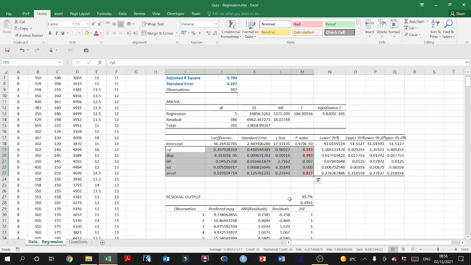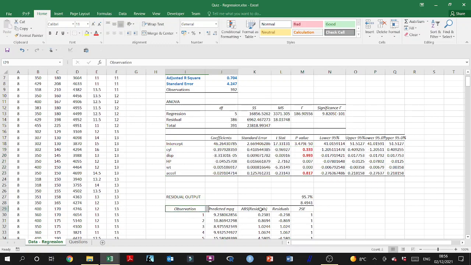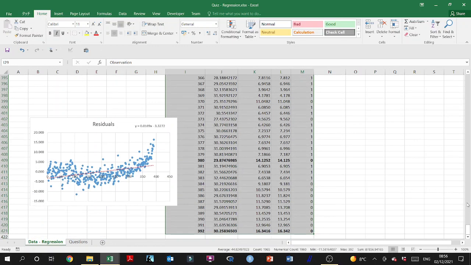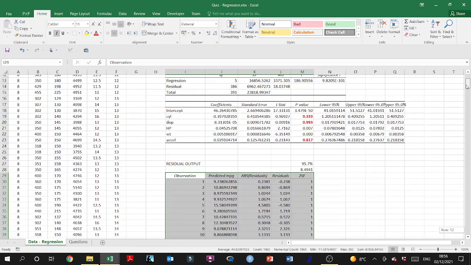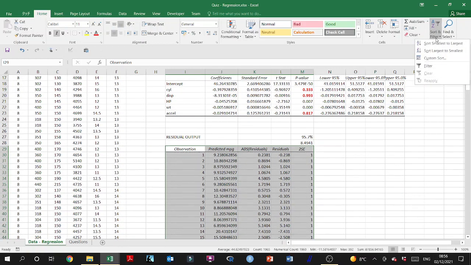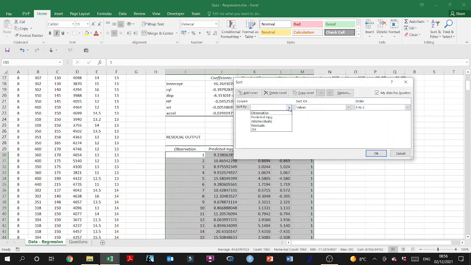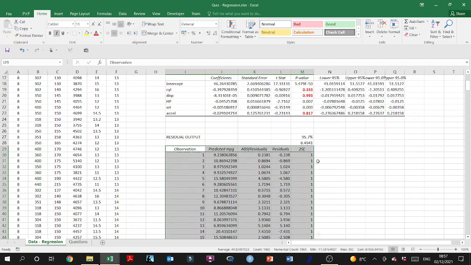So the first thing that we're going to do is to start looking at the outliers so that we can improve the performance of the model. So what I'm going to do is I'm going to go ahead and first of all try to filter this. You don't have to do this really, but this is just easier for me. Just to try to filter it from largest to smallest.